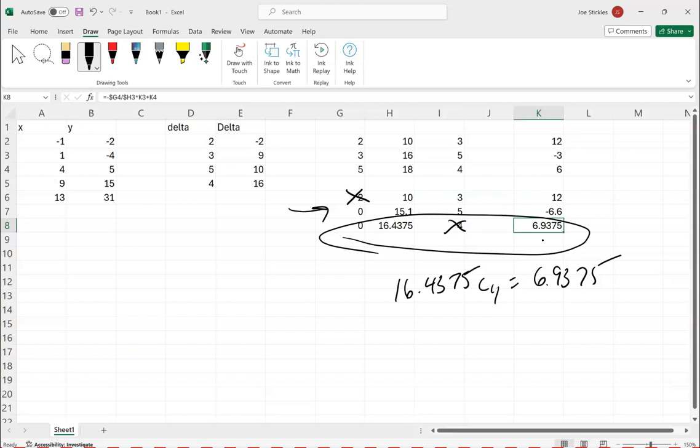Yeah, good. It says 15.1 C3 plus 5 C4 equals negative 6.6, right? Once we have this one, we can substitute it back up here and get this one, can't we? And then it's the same process. Once we get this one, I can substitute it here and get that one, right?